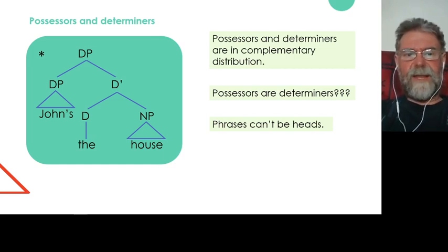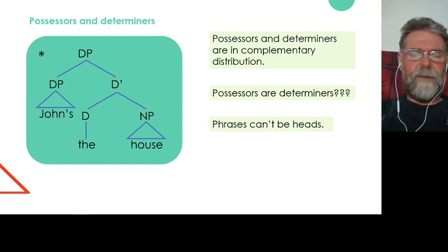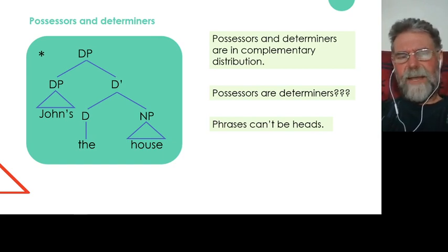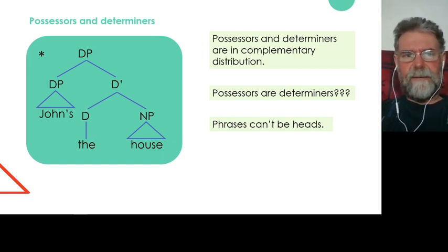We could have had something like the man's house, or the man that I met's house. So that possessor there is obviously a phrase, not just a word. And if that is true, then it can't be a determiner, because determiners are words.